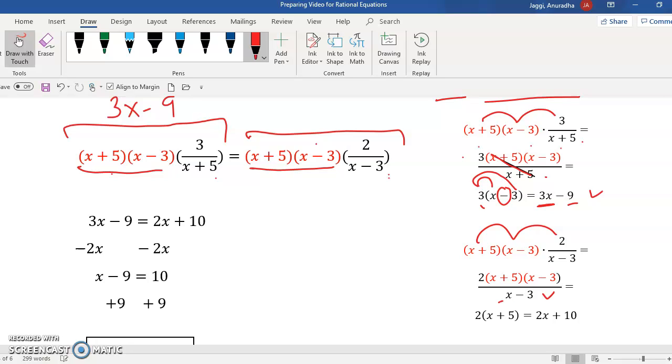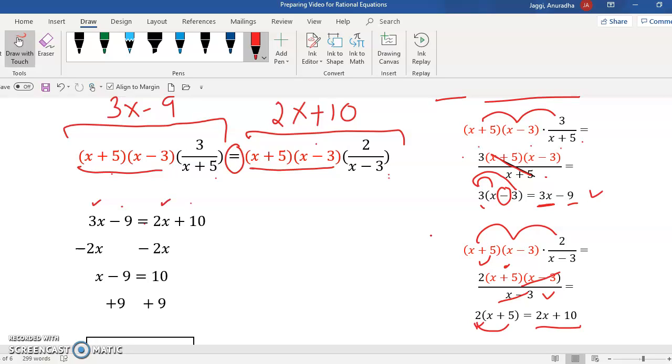So x minus 3 and x minus 3 get cancelled, and you will get your 2 times x plus 5 left, that you're going to distribute to get 2x plus 10, and that is your right hand side. Okay. Now 3x minus 9 and 2x plus 10 and the equal sign in between. So now you have a linear equation with variable x on both sides.